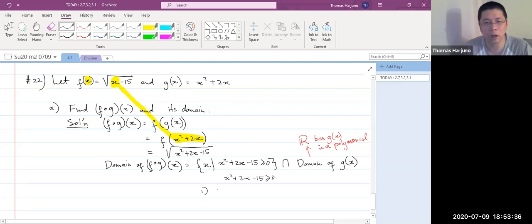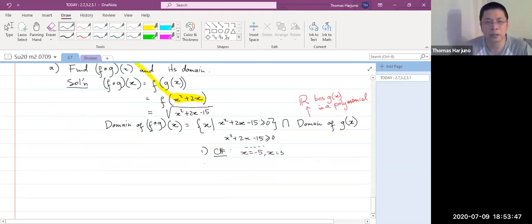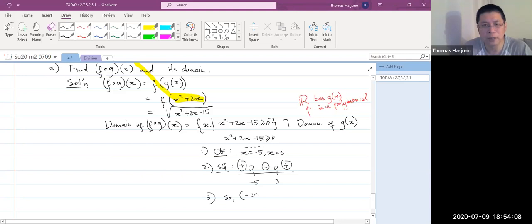Every time you need to solve a nonlinear inequality, you need to do the 3 steps. First, critical numbers. You will see the critical numbers are -5 and 3, but you need to show that. Second, you do the sign graph. You will find that when x equals 0, that's -15, with multiplicity of 1. Then the solution will be negative infinity up to -5, inclusive, union 3 to infinity.